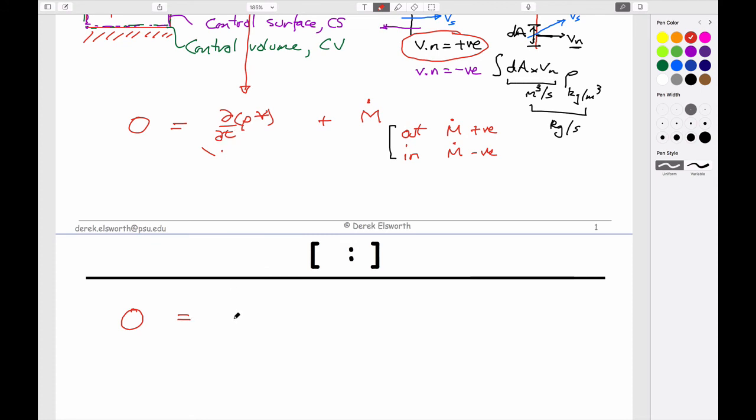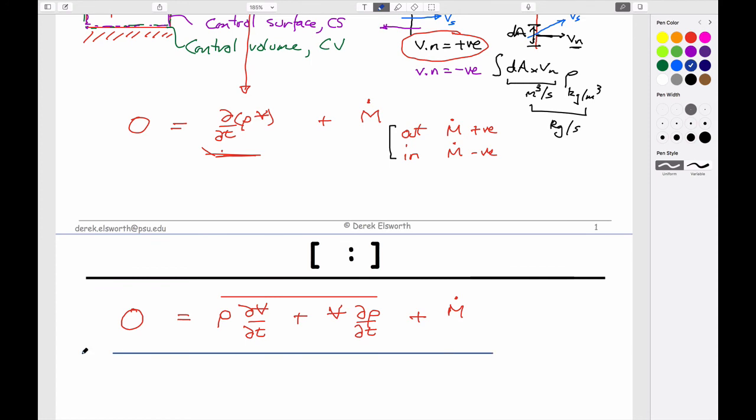So this is density multiplied by change in volume with time plus volume multiplied by a change in density with time. So that's this expression here split into two parts, plus m dot. So if you feel more comfortable with it, this is the other way to write Reynolds transport theorem.